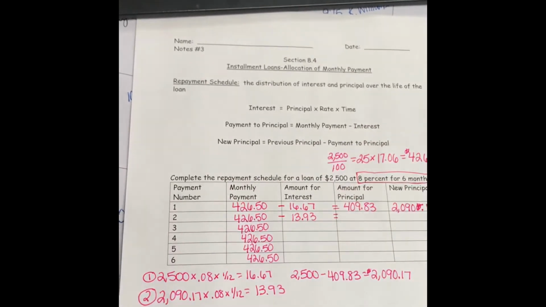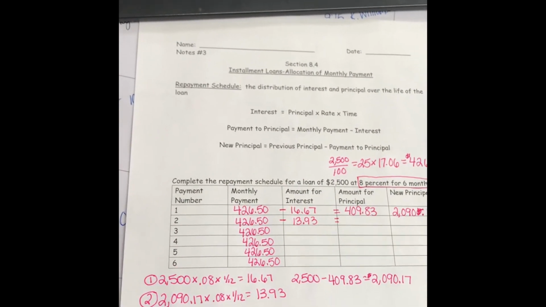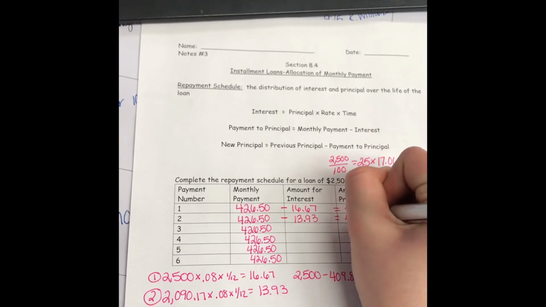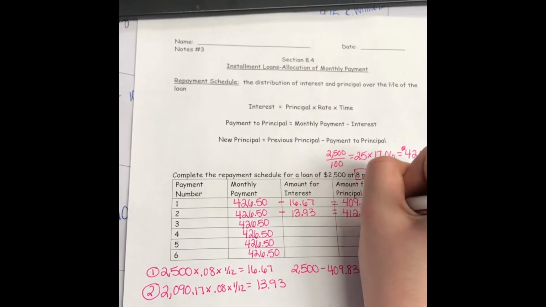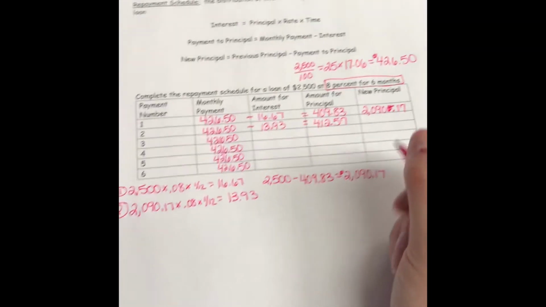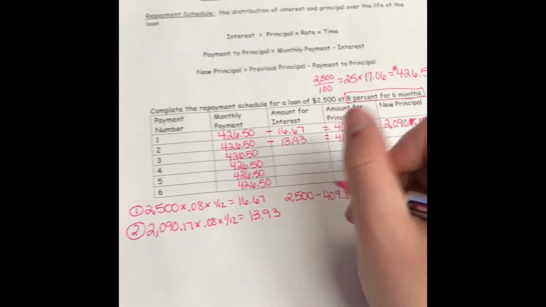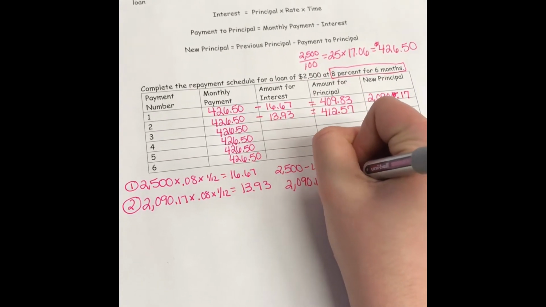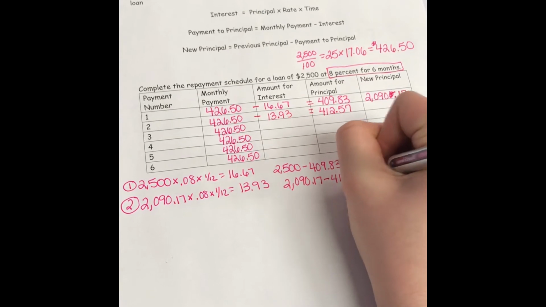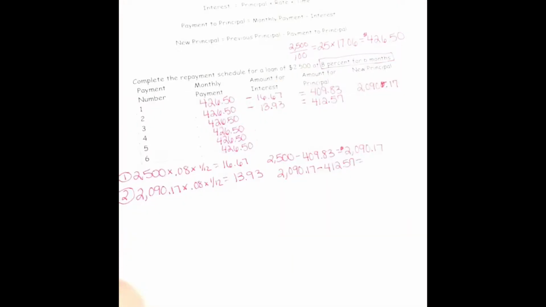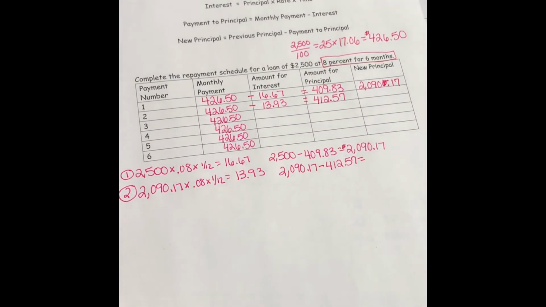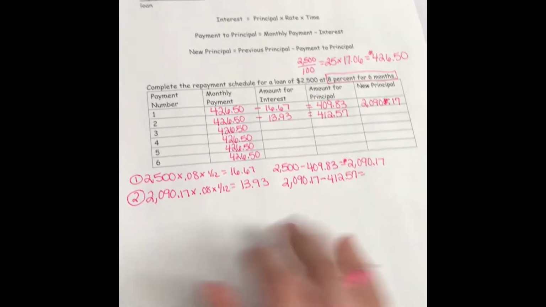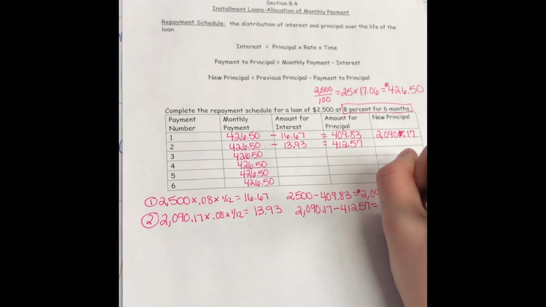Subtract, then take our new principal, subtract the amount for the principal. And that tells us our new principal after our payment.